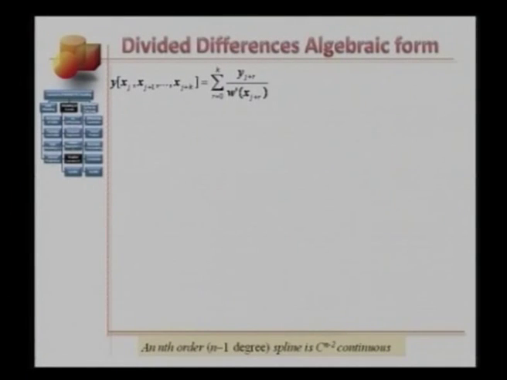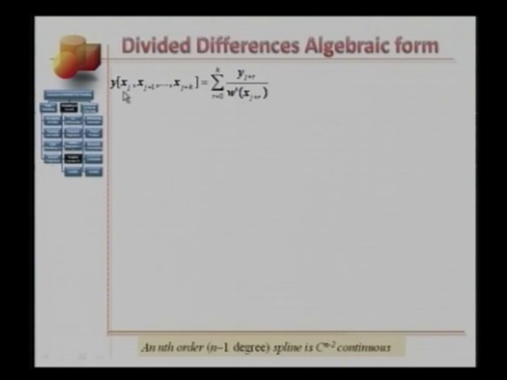So let's start with the algebraic form of the Newton's divided difference approach that we had seen in the previous lecture. This is a little revision for you. So y of xj, xj plus 1, up till xj plus k within square parentheses, this notation represents the divided differences, and can be written as the summation r goes from 0 to k of y sub j plus r over w prime x sub j plus r.